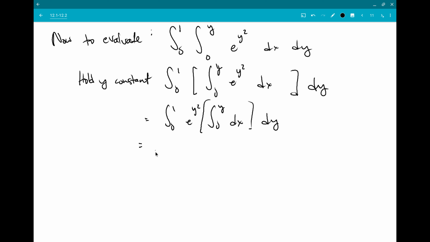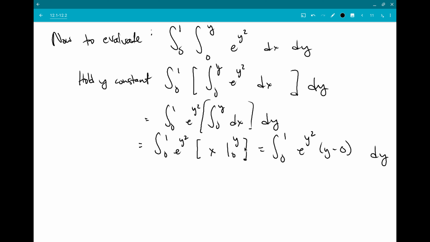So that's just the integral from 0 to 1, e to the y squared times x evaluated from 0 to y. Integral of dx is x. So that's the integral 0 to 1, e to the y squared times y minus 0 dy. I left that off, sorry. So this is the integral 0 to 1, y e to the y squared dy.